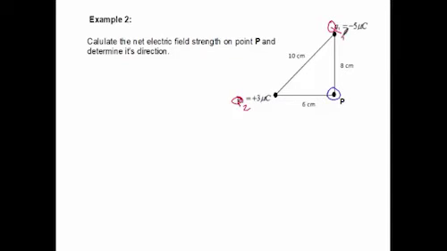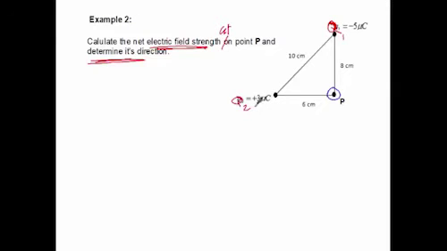Let's use the capital letter notations as you have in your formulas. Now Q1 is minus 5 microcoulomb and Q2 is plus 3 microcoulomb, and we have the distances. We want to calculate the electric field strength at point P, with the direction. At point P, first of all, determining E2.